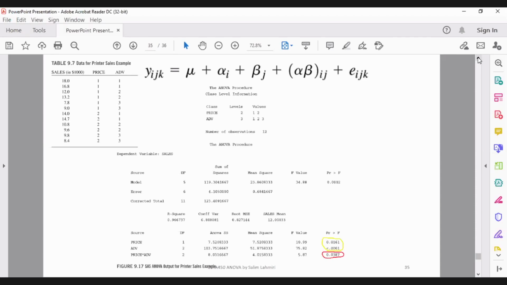Keep in mind that the main advantage of two-way ANOVA is just to investigate whether or not the interaction effect is significant. So in experiment design, if you suspect that the interaction effect matters, then use two-way ANOVA. Otherwise, there is no need. If you do have questions, please ask me.